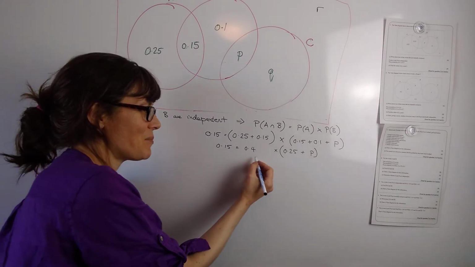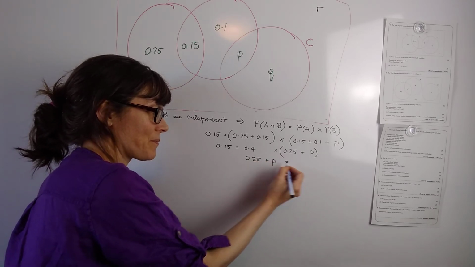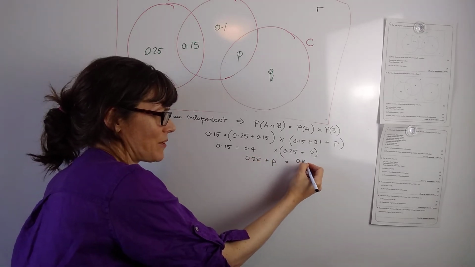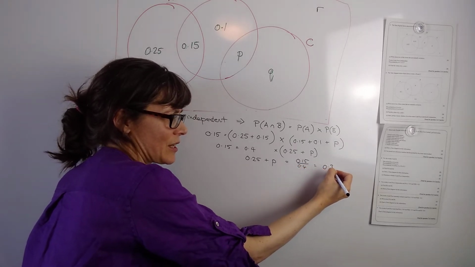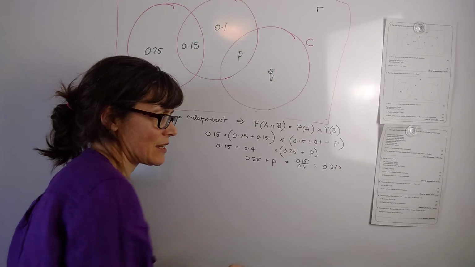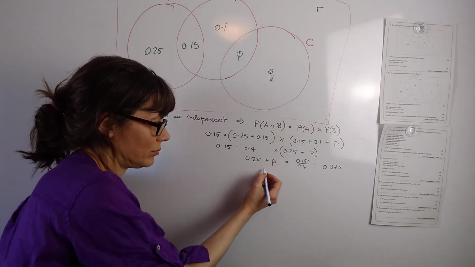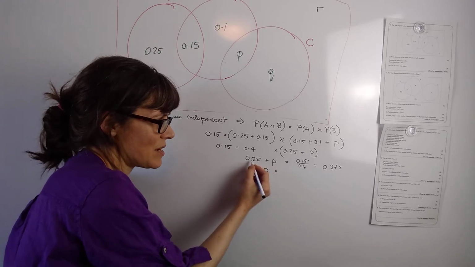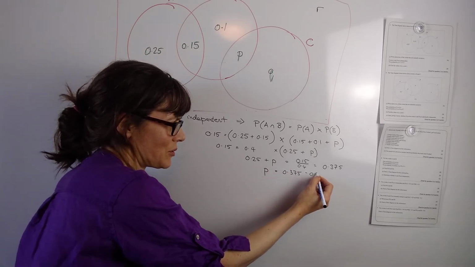We're going to divide by 0.4, so 0.25 plus P is going to be 0.15 over 0.4, which I believe, I did check this, is 3/8, which is that. And so P is 0.375 minus 0.25.